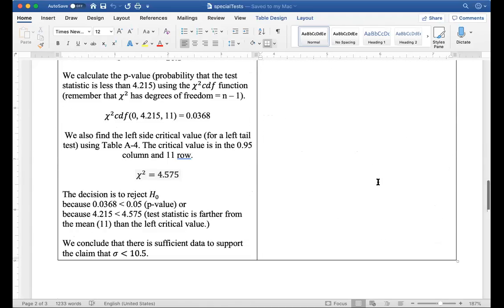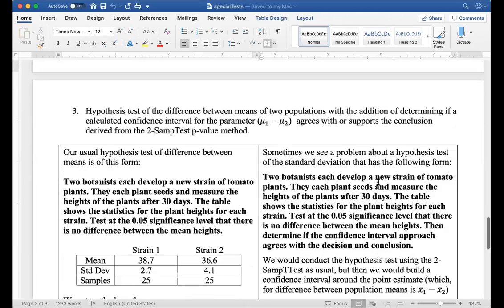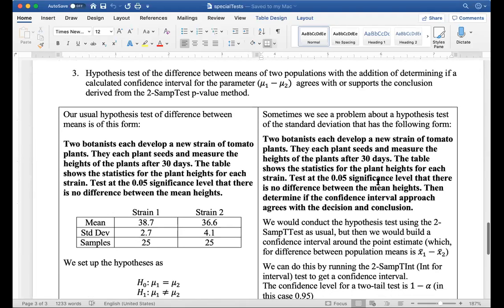And the third problem is where we're still going to have the statistics here, but we have an additional question being asked. So let's basically take the original problem and run quickly through it, and then we'll see what this additional question is.